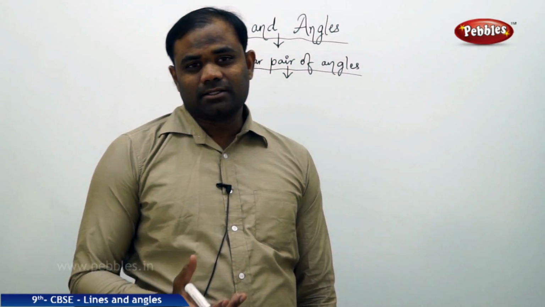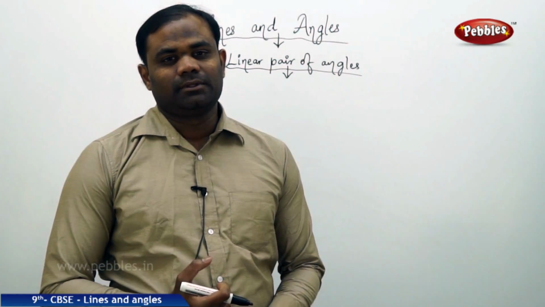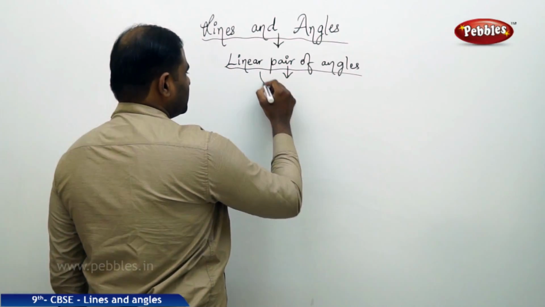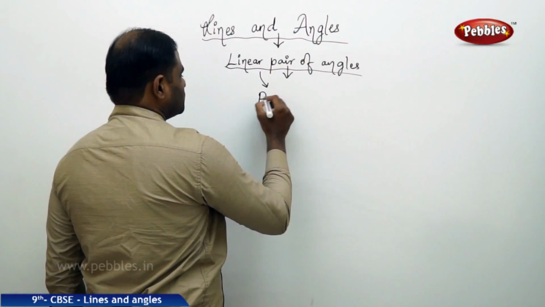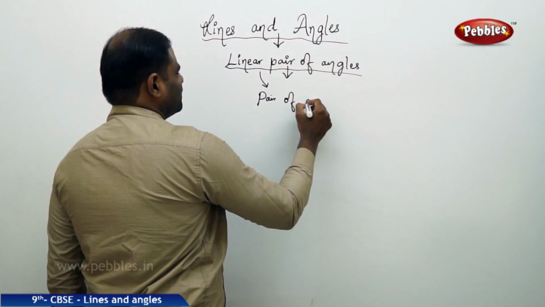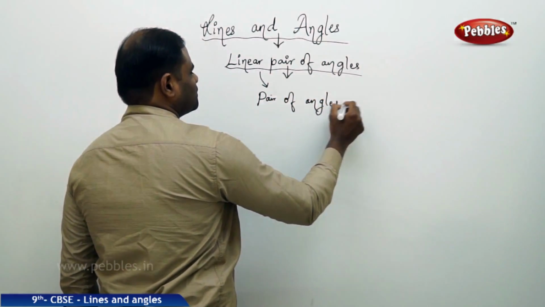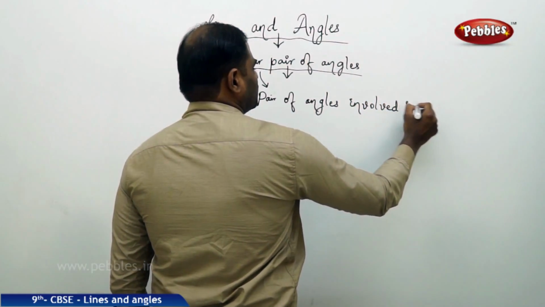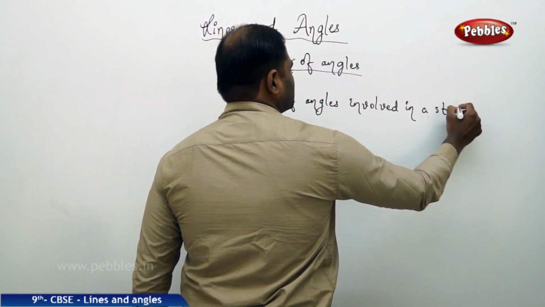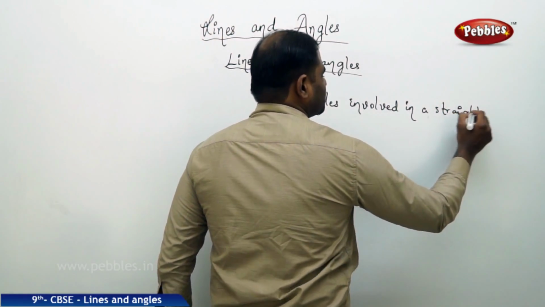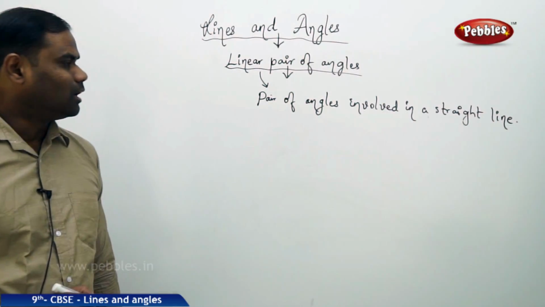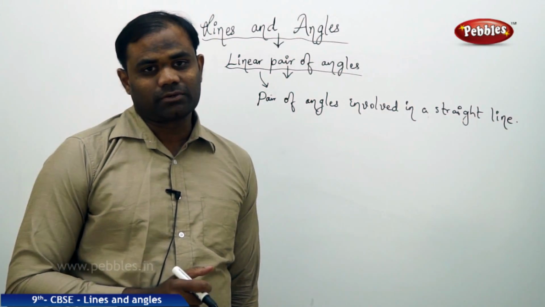That means the angles involved in a straight line. The pair of angles involved in a straight line. Linear pair indicates pair of angles involved in a straight line. Let's see how the pair of angles are involved in a straight line.